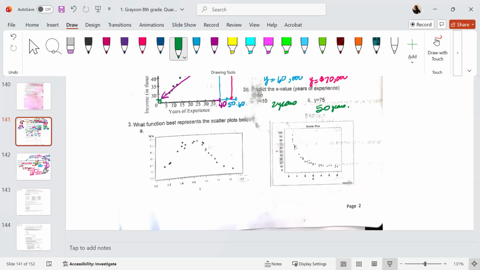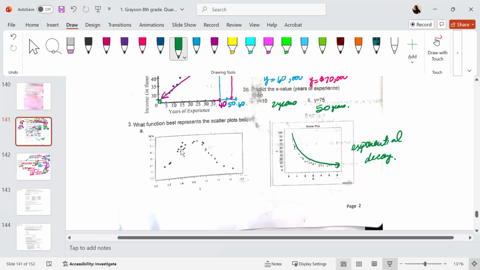What function best represents the scatter plot below? This one is going down this way. Do you see that? I will say this is exponential because it's going down really fast, okay? Exponential decay. Do you see that? This one, I would say there's no correlation.